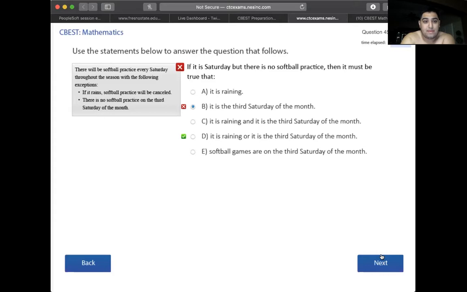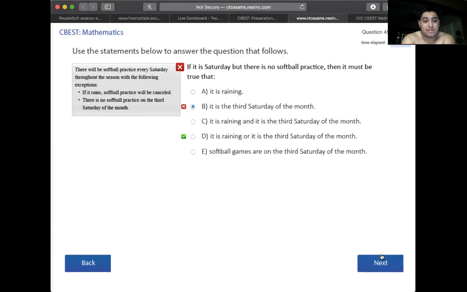Okay, and then the second one is saying there is no softball practice on the third Saturday of the month. So third Saturday of the month, that's a keyword. Now, if you look at what that question is asking, if it is Saturday, obviously, but there is no softball practice, then it must be true that... So no softball practice is a keyword in the question.